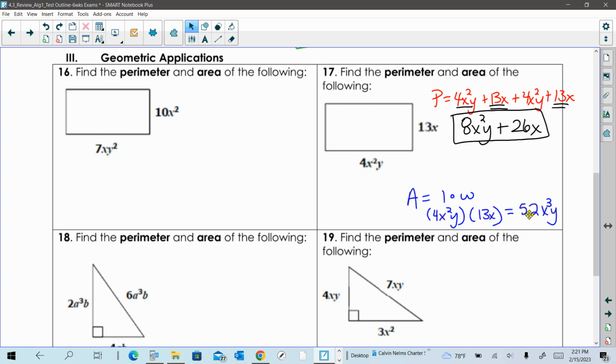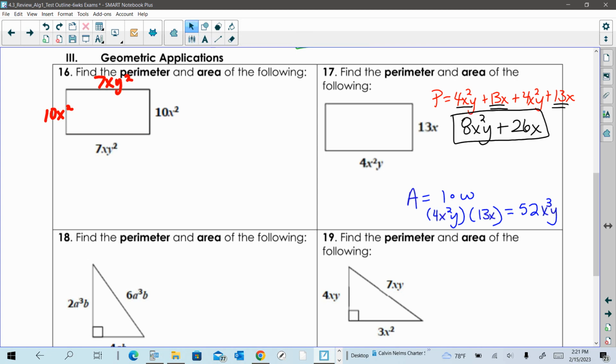Okay. So if you want to go ahead and try 16, let's just see if you get on the right track for your perimeter. Remember, in a rectangle, opposite sides are congruent. So this is also 10x squared. And then opposite sides, so this is also 7xy squared.